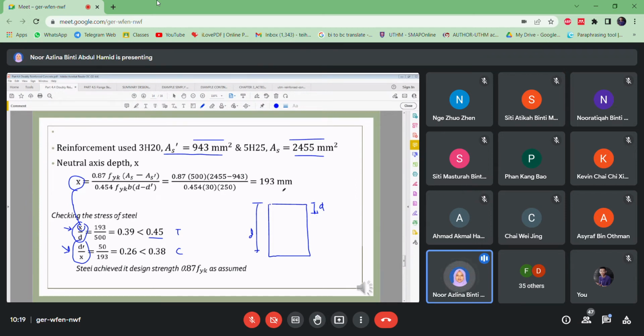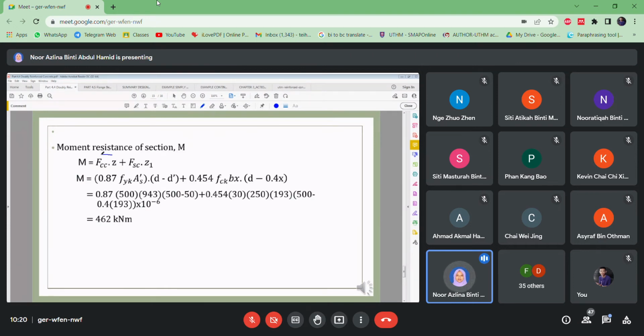Mungkin size yang you propose sebelum ni tak cukup. Okay, it's not sufficient enough to ensure that you still achieve the design strength. So you need to increase the size. Kalau sebelum ni lebar 200, so you tambah mungkin 250. Okay, kalau depth 200, mungkin tambah jadi 300. So you will see the changes of the value.